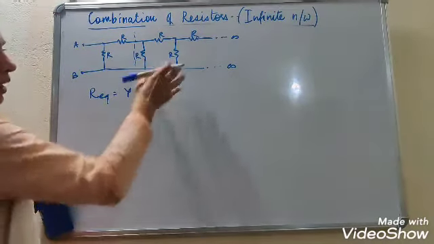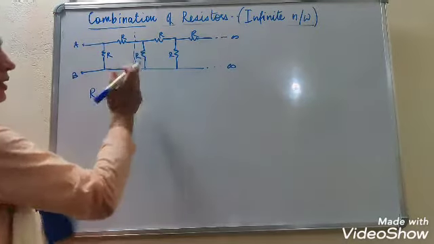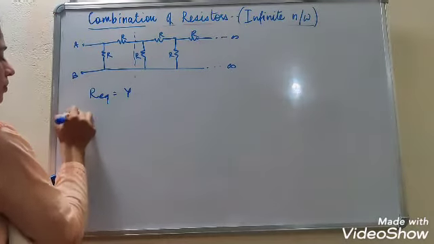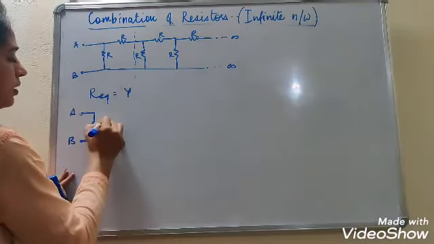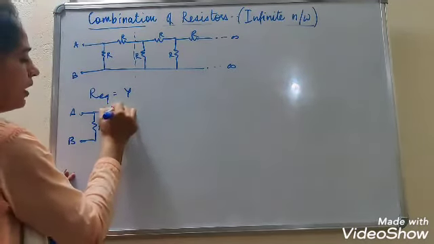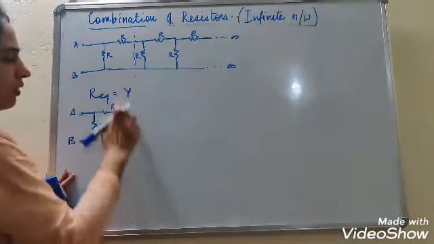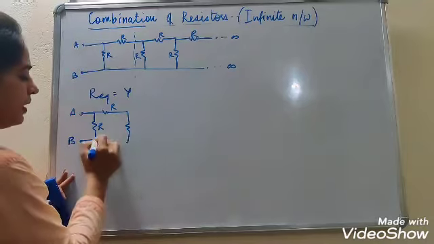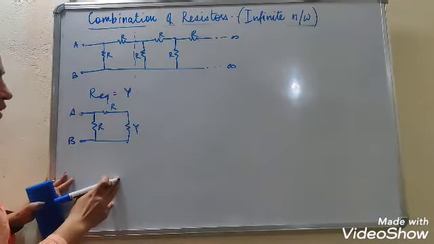Then find the equivalent resistance of the remaining units, that will also be Y. Then substitute for the remaining circuit. So our circuit, leaving one unit, the resistance of this full network will be Y. So let's replace it with Y.